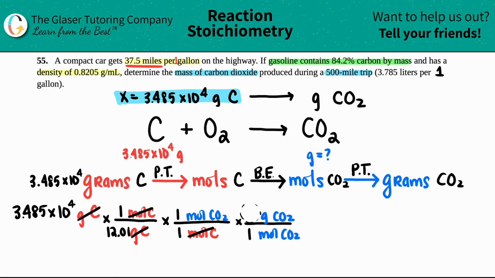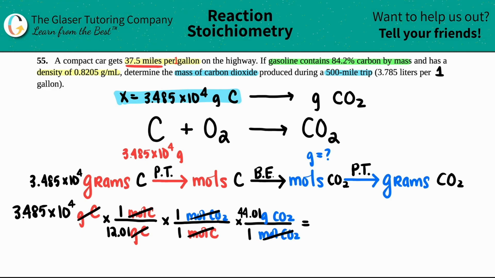The mass number goes with the grams. In this case you have 1 carbon and 2 oxygens for carbon dioxide. So let's find out what that mass is: 44.01. And now I can cancel out the units, and I'm finally at my answer.